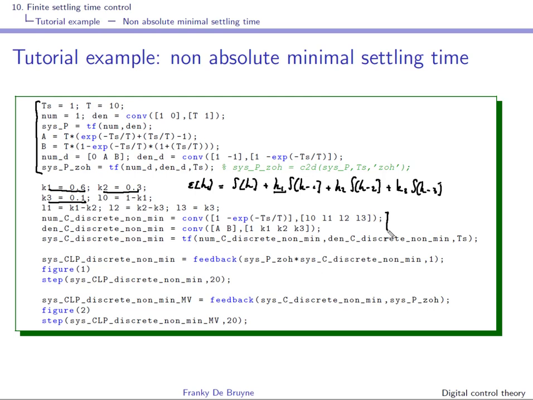This is the non-minimal settling time controller, and again you can compute the relevant transfer functions and look at the step responses. You'll have the step responses at the sampling instance.